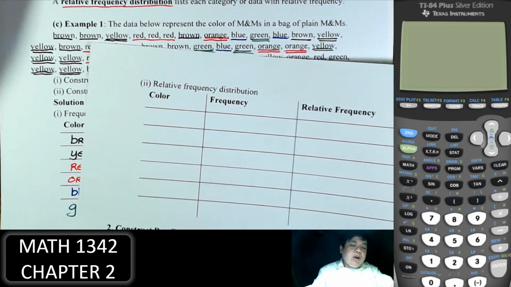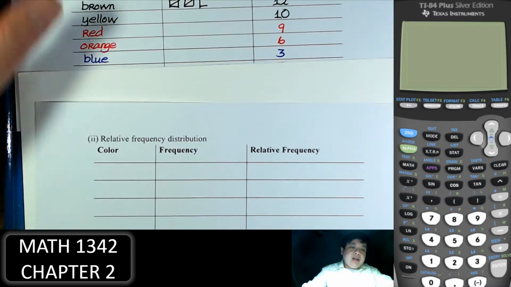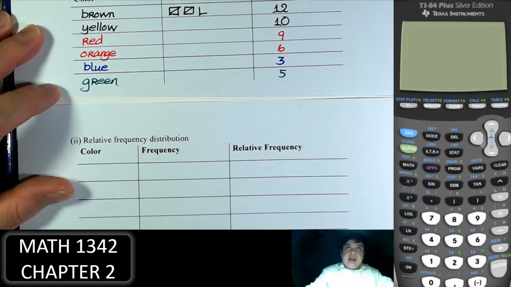Next we construct a relative frequency distribution. So we copy this from the previous page.